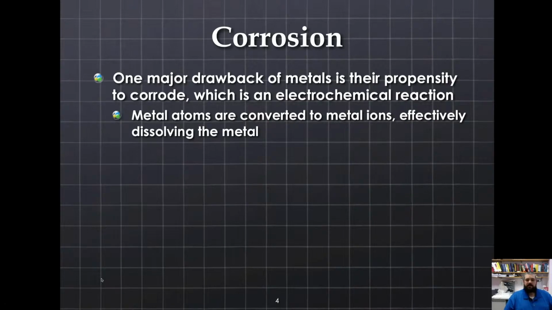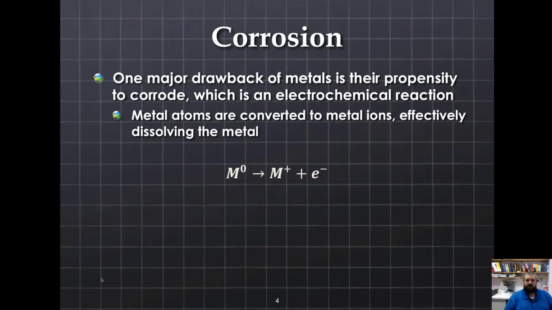Here the solid metal atoms get converted to metal ions, so they give off electrons, and that effectively dissolves the metal. Once you have metal ions in solution, they're no longer part of the structural support of the material, and you lose strength. So here's a reaction.